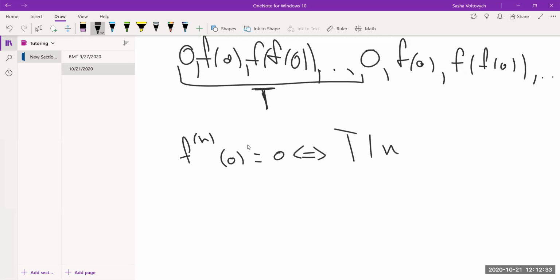Do you guys understand why this is true, or do I need to explain this? Can you write in the chat? If t is a minimum period of this sequence.